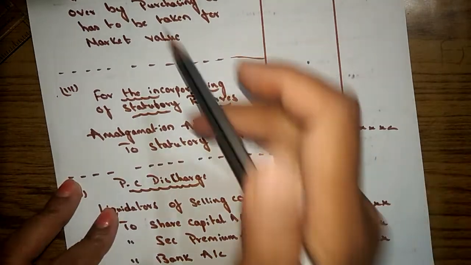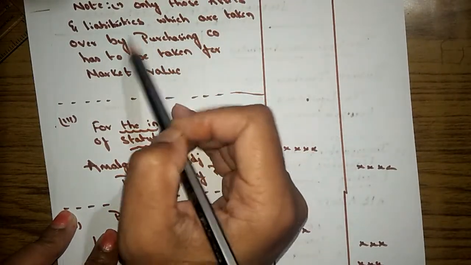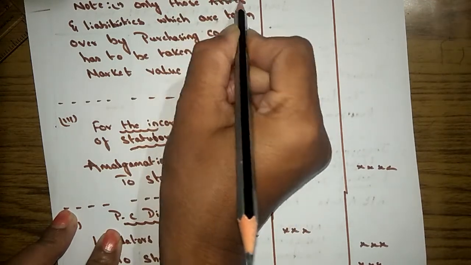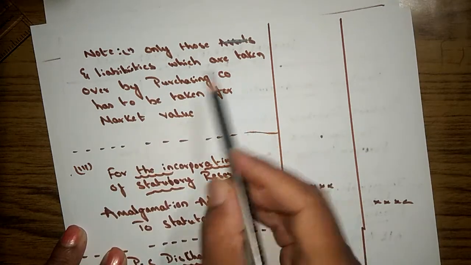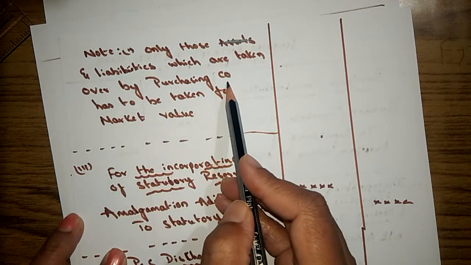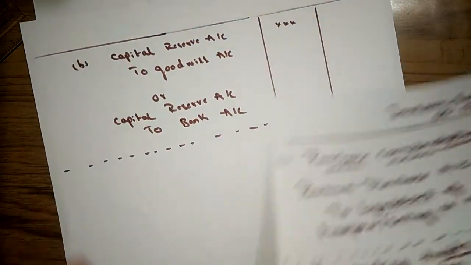The next entry, I have one more note for this. Only those assets and liabilities which are taken over by the purchasing company have to be taken at market value.